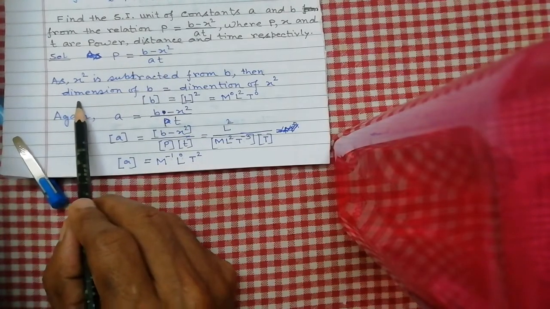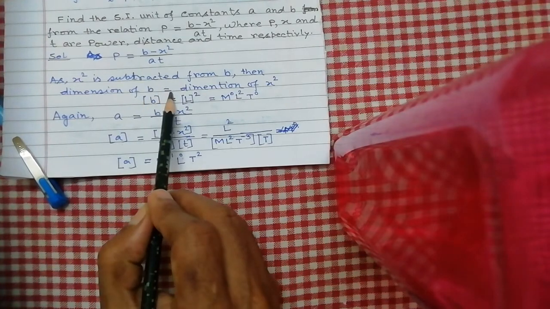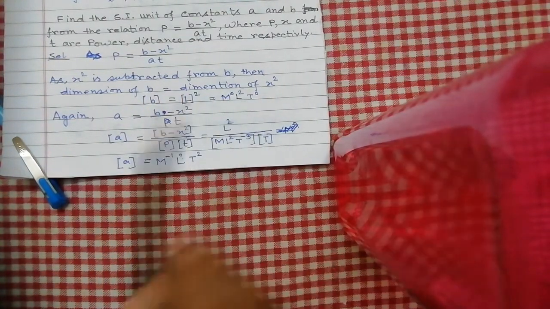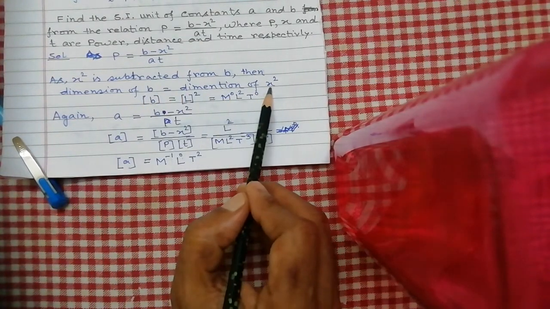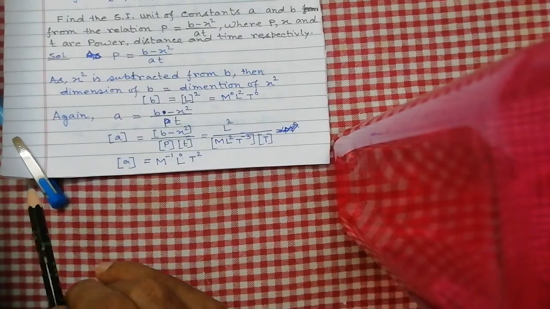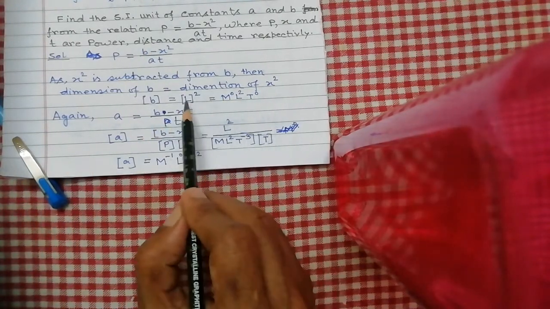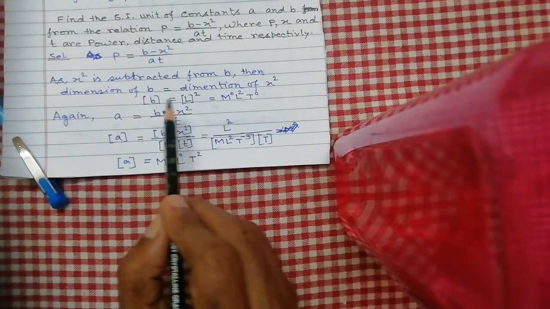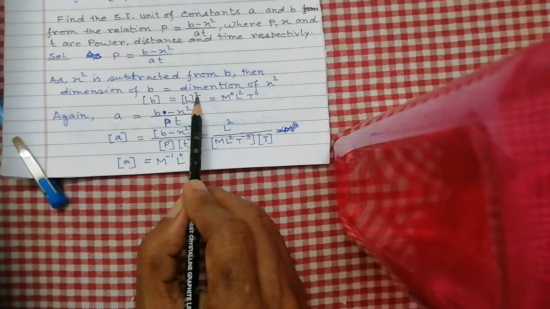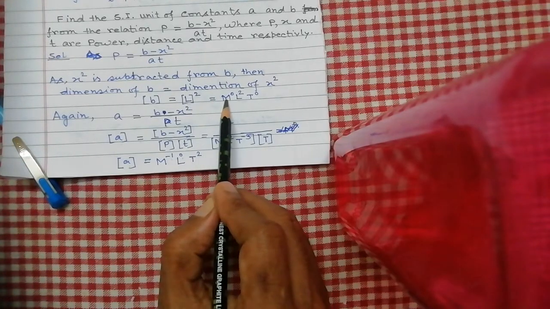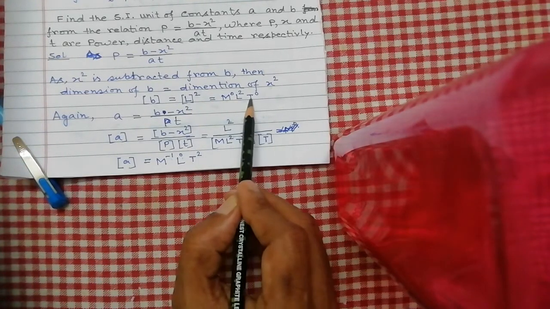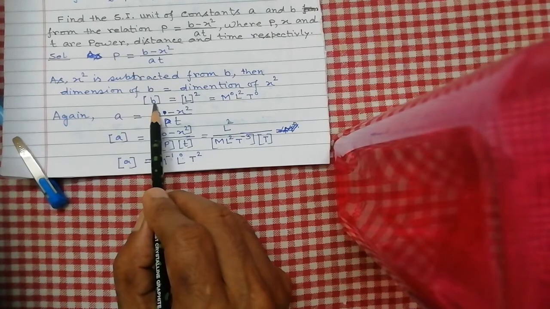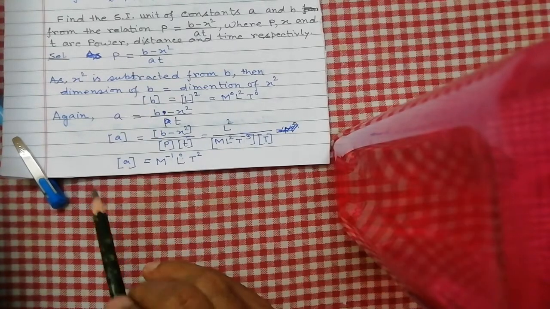So you can write down the dimension of B is equal to the dimension of x square. What is x? x is the distance. We know that the dimension of distance is L, so the dimension of x square, and hence of B, will be L square, which can be written as M to the power 0 L square T to the power 0. So you get the dimension of B.